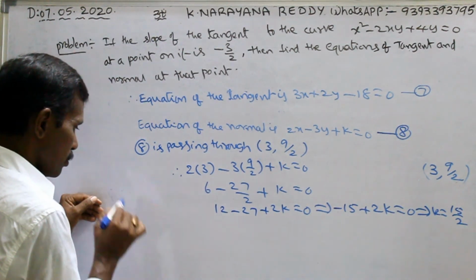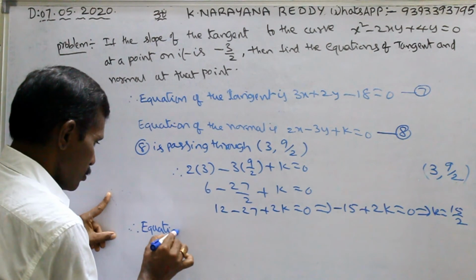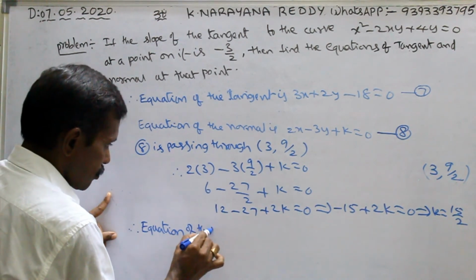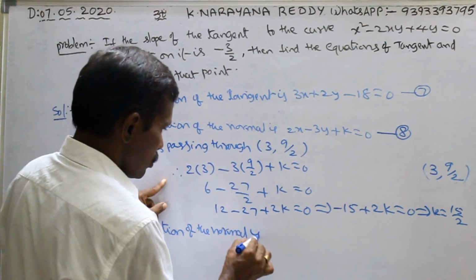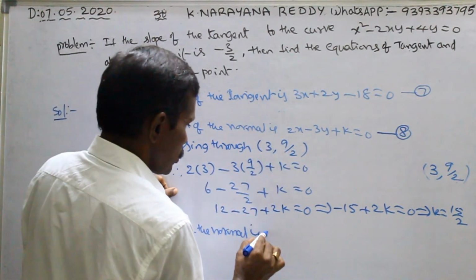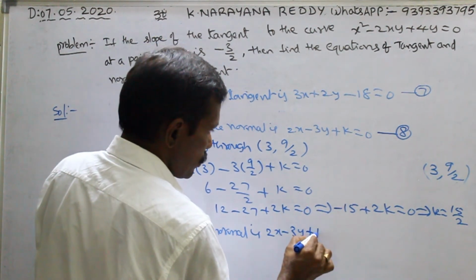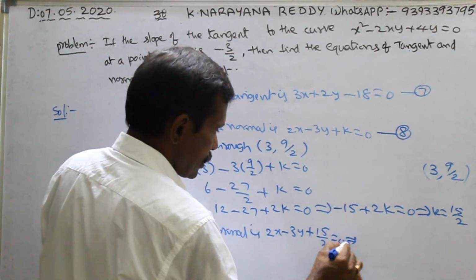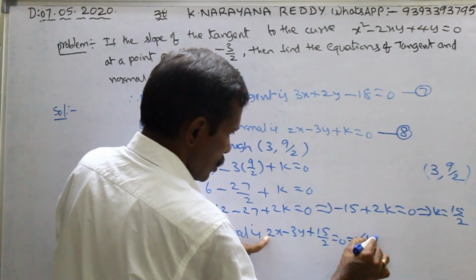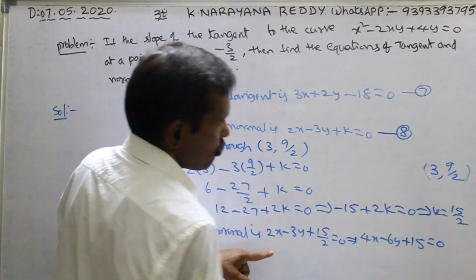Therefore, equation of the normal is 2x minus 3y plus k means 15 by 2 equals to 0. Now this implies 4x minus 6y plus 15 equals to 0.